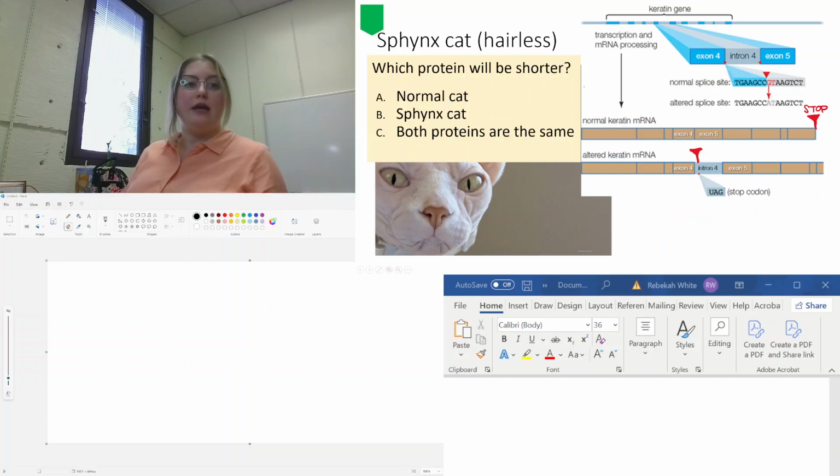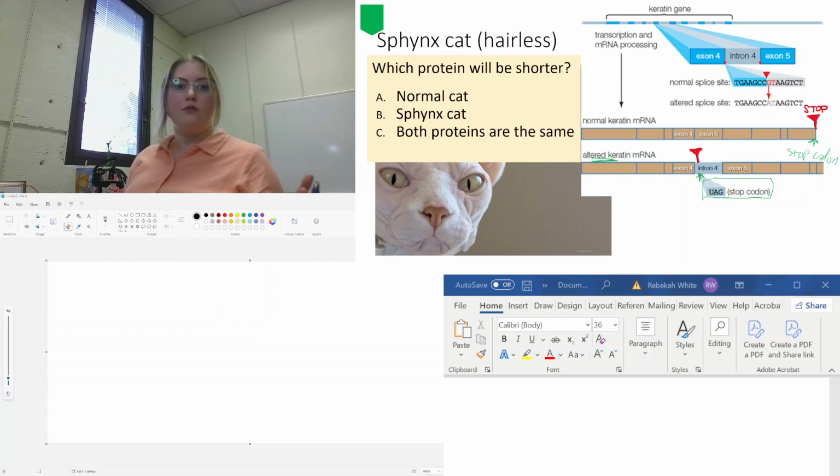Now, we said the mRNA of the altered keratin is longer. However, here we have this stop codon in intron 4, right? In our normal keratin, our stop codon is here.